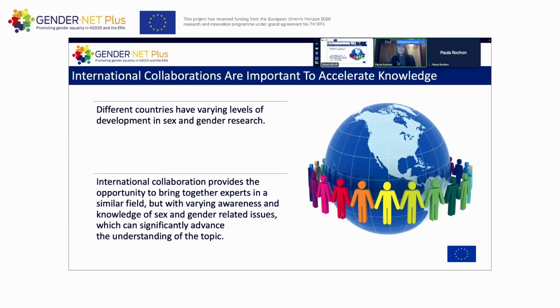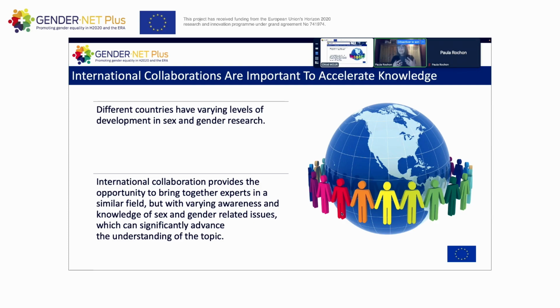So these international collaborations are really important to accelerate knowledge. We found that different countries have varying levels of development in the idea of sex and gender in their research. But these international collaborations provide that opportunity to bring together experts in a similar field, but with very different perspectives and knowledge of sex and gender-related issues.